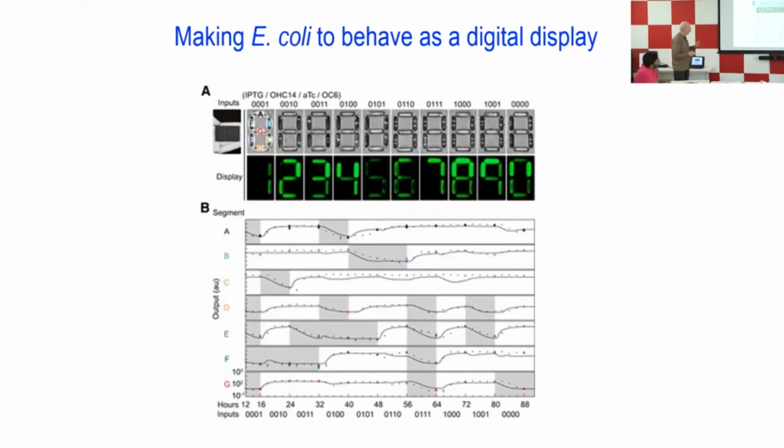So in this case, you just combine how different inputs will result in different outputs, and you put the outputs in a geometrical fashion so that the populations are separated, and then you get numbers. I don't know if it is very useful, but conceptually, I find it fascinating, right? That you can really program E. coli to give you a number. I find it super, super nice.